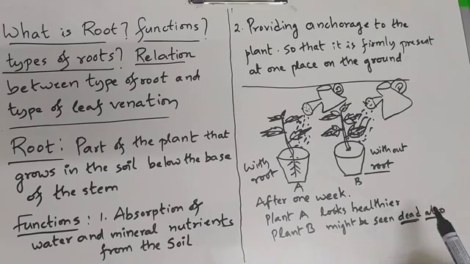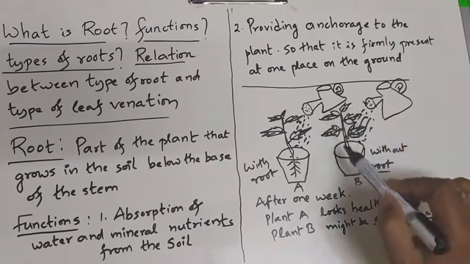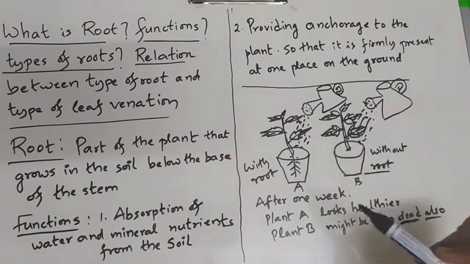Why is plant B seen dead? Because this plant's leaves did not get water.